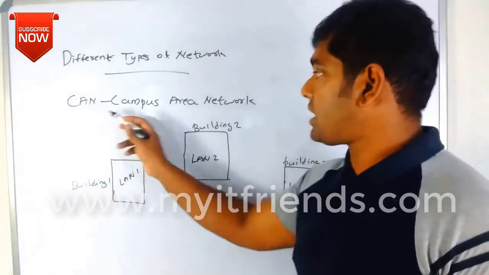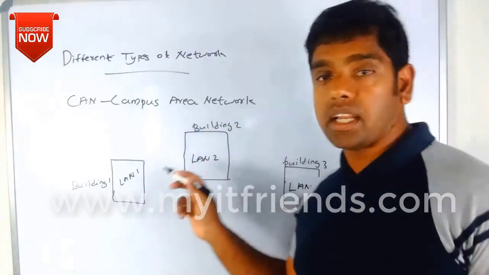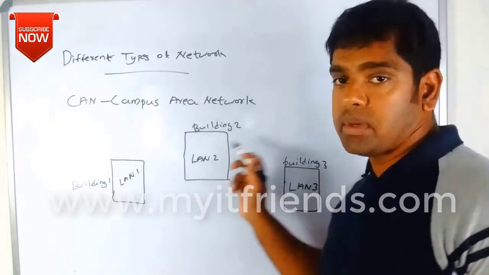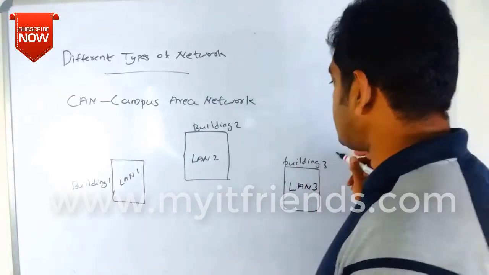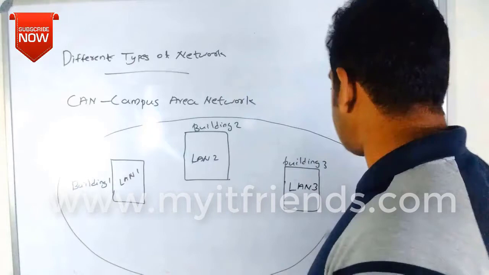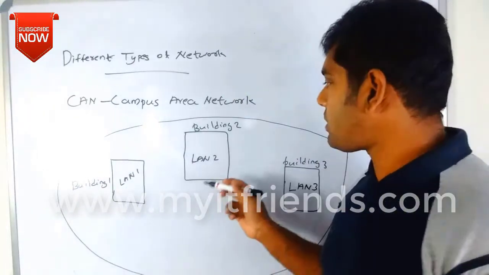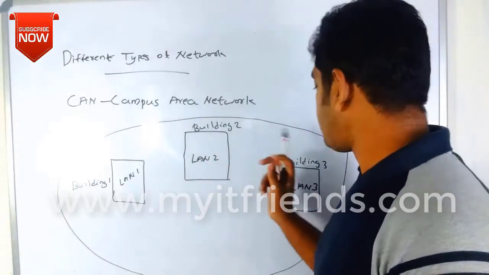Next one is CAN. CAN means campus area network. The network connection between different LANs in a campus is known as a campus area network. Let's assume that it's a campus of a university or a college or anything like that. Here you can see that there are three buildings: building 1, building 2, building 3.